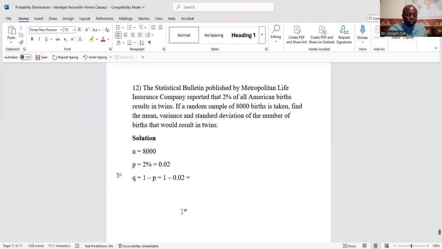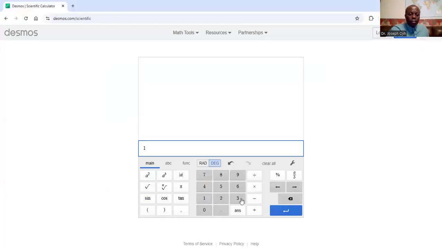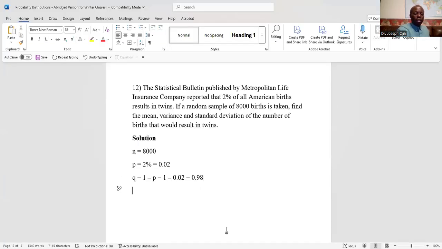So the average, the mean, becomes n times p, which is 8,000 times 0.02.